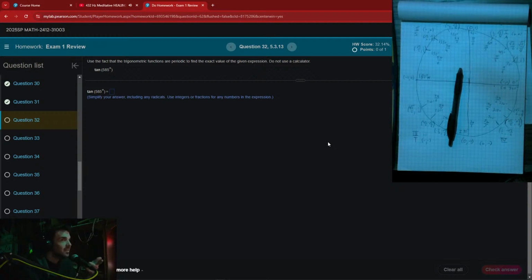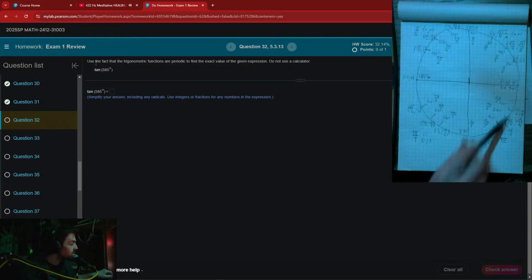Because the period of the tangent function and the cotangent function is just pi. Tangent and cotangent are exceptions, because all four of the other functions have a period of 2 pi, so you can always take off 2 pi or 360 degrees from whatever this value is to get it within the range of the unit circle.